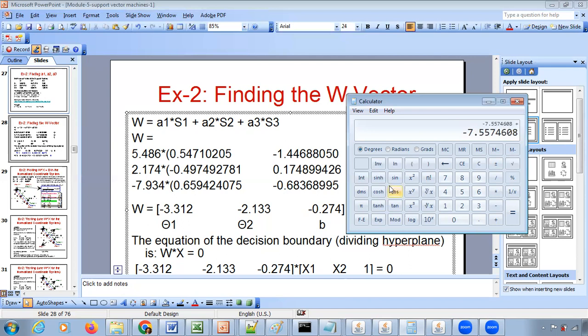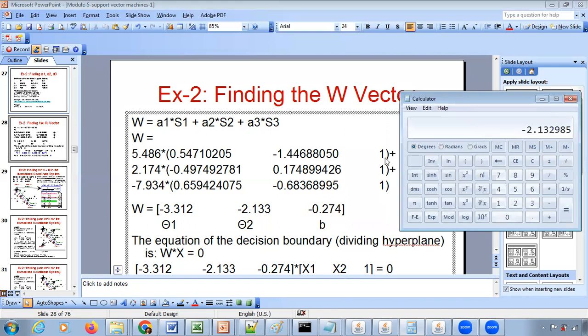Plus 7.934 times 6.837. So that's going to be negative 2.133. Then for the constant, just 1 times this, plus 1 times this, plus 1 times minus this. So let's do that. 5.486 times 1 does the same thing, plus 2.174 minus 7.934, we get negative 0.274.